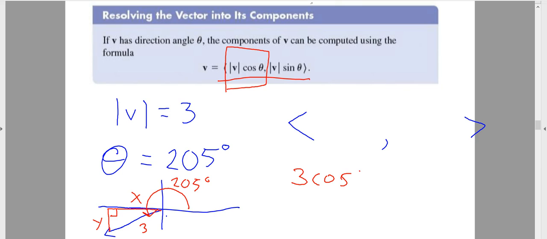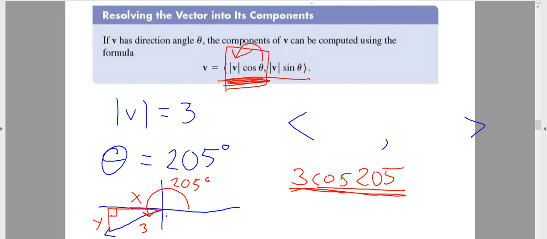Times what? Theta. What does it say to do with the cosine of 205? Multiply it times the 3, the magnitude. The magnitude, yes.